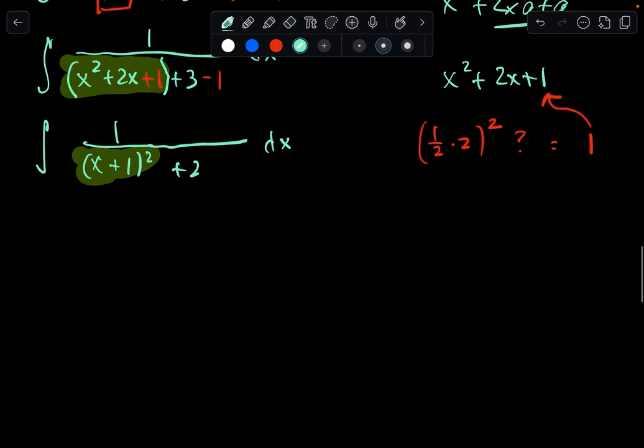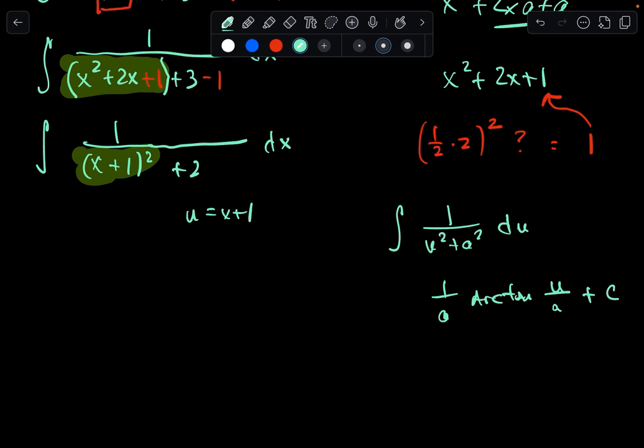Okay, so remember that the integral of 1 over u squared plus a squared du is 1 over a arctangent u over a. And so our u here is going to be x plus 1, right? And then, of course, du is dx, so we're safe there.